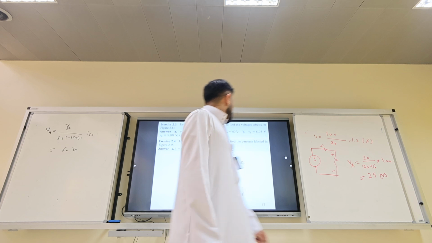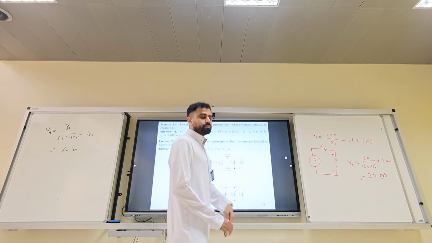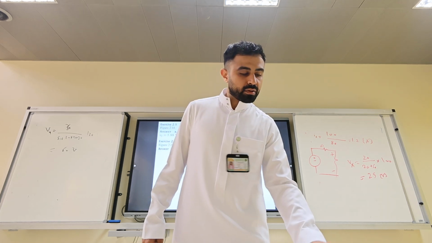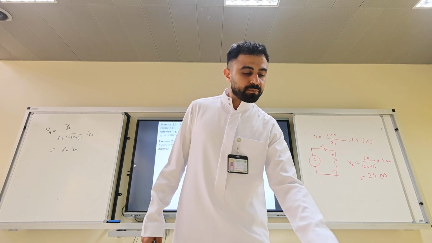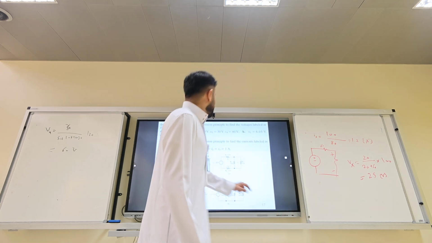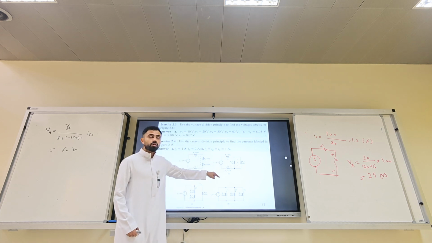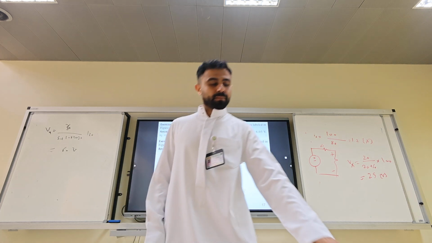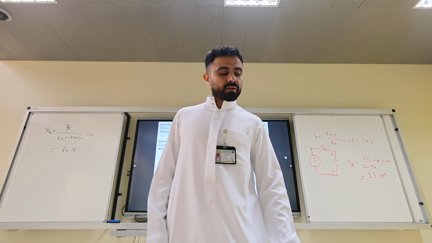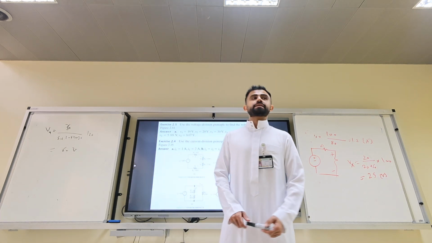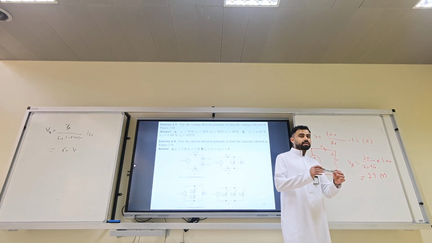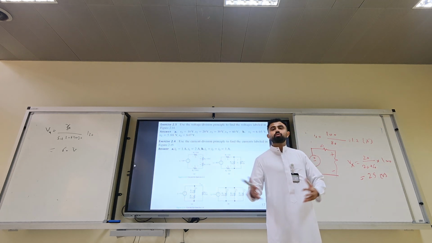Then 2.9 over 2.9 plus 7 times 20. 5.88.